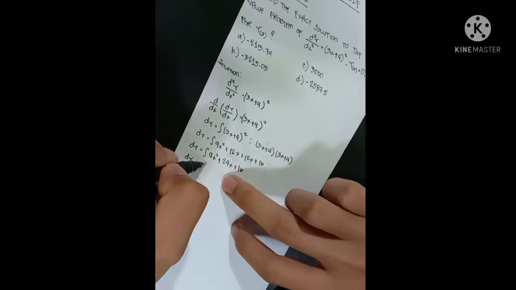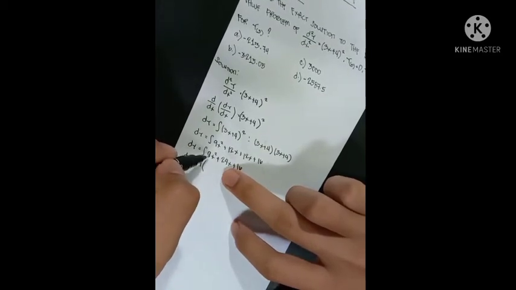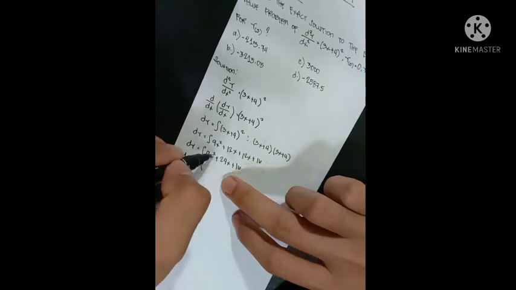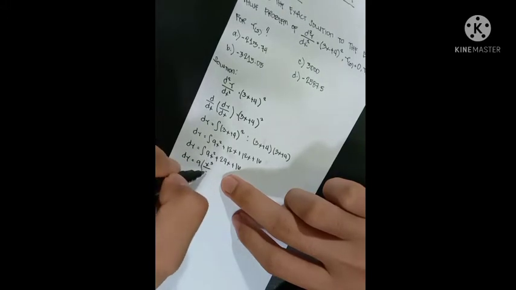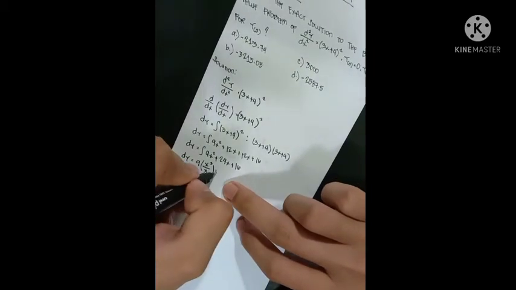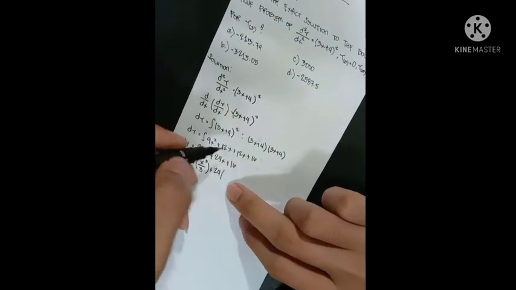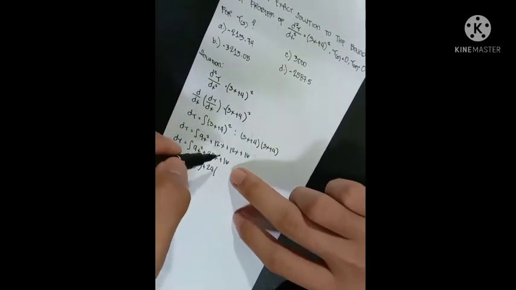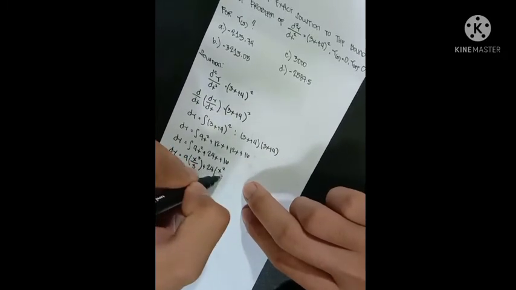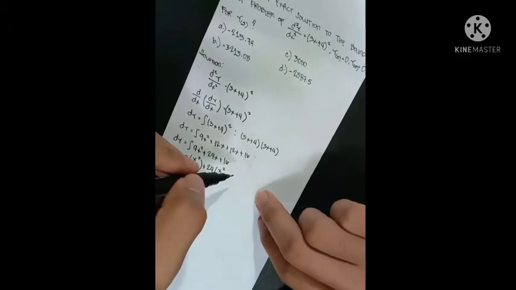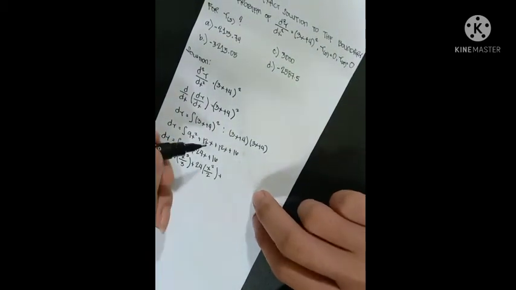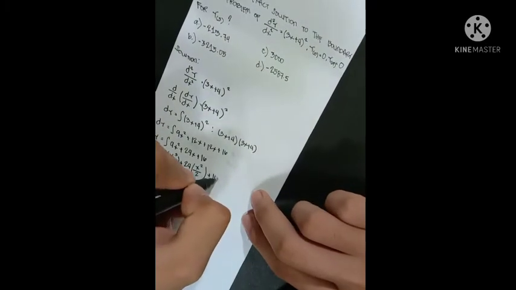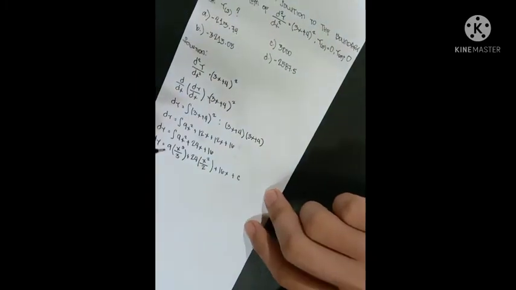So 9 times x squared; the integral of x squared is x to the n plus 1 over n plus 1, which is x cubed over 3, plus 24 times x, which gives x squared over 2, plus the integration of 16 is 16x plus c.